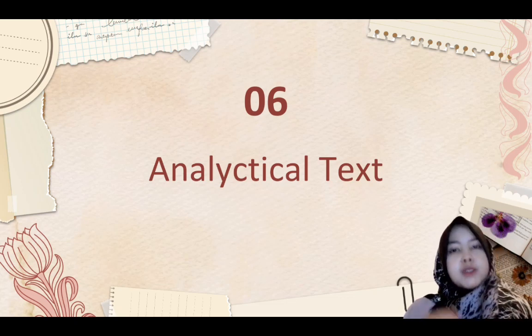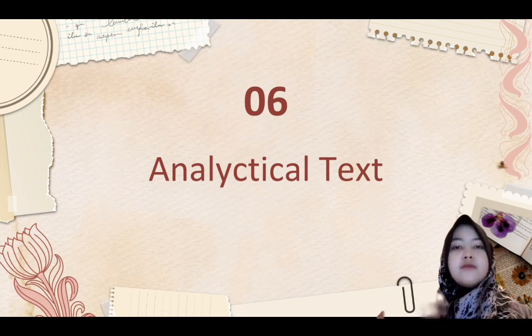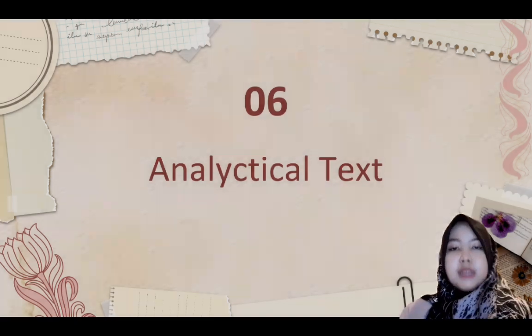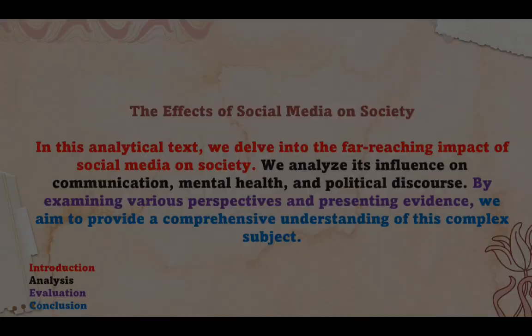It involves looking at various aspects, drawing conclusions, and often inviting readers or listeners to think critically about the subject. Okay, this is the example of analytic text. For the structure of analytic text, we have introduction in the red one, analysis in the black one, evaluation in the purple one, and conclusion in the blue one.